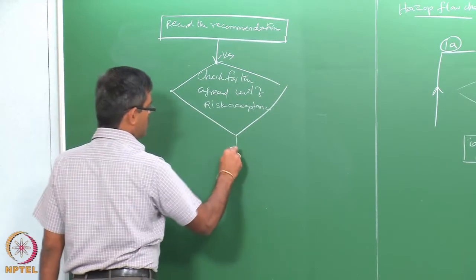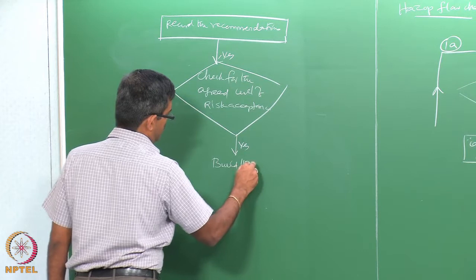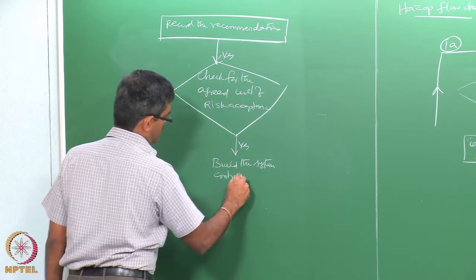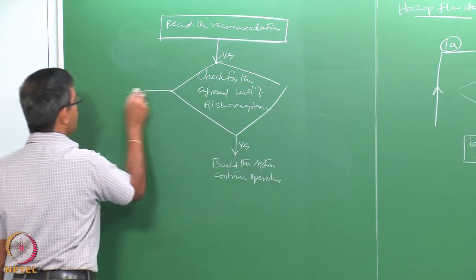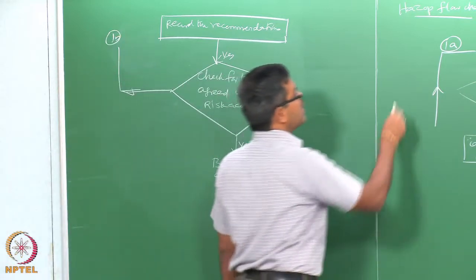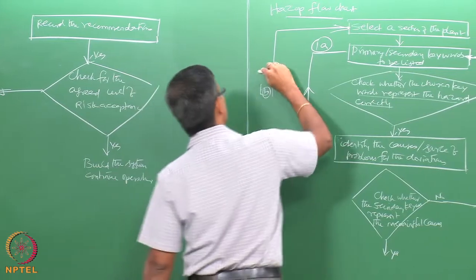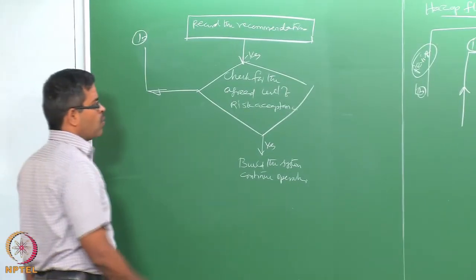If the agreed level is okay, then build the system, continue operation. If it is no, then I should say 1B. 1B will again come back here and say revise the design, because that is going to be one of your recommendations.